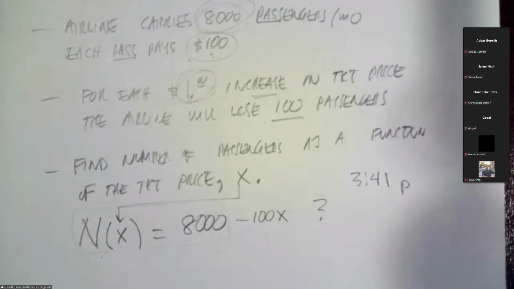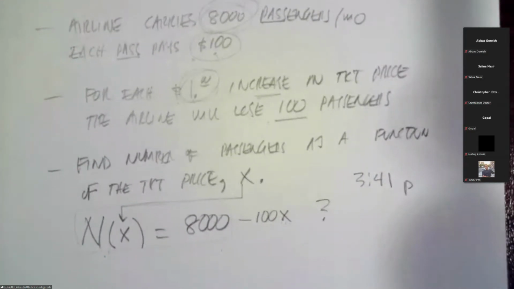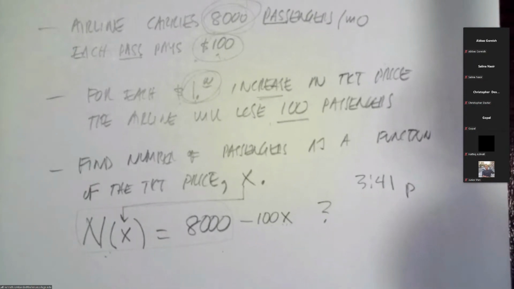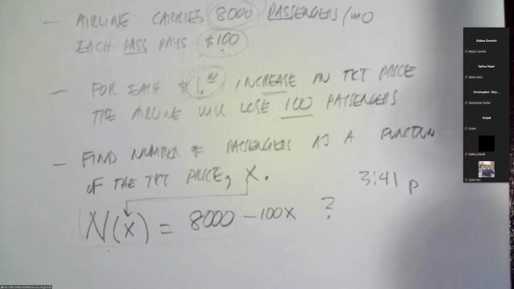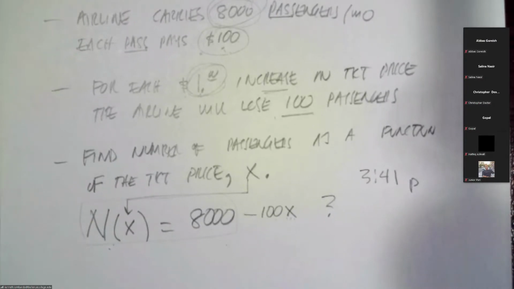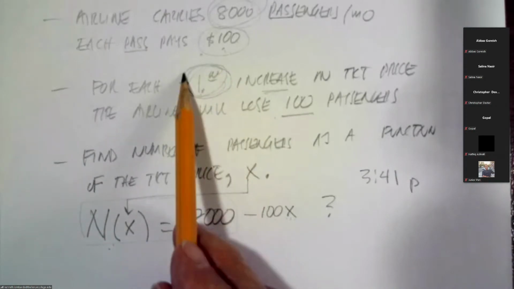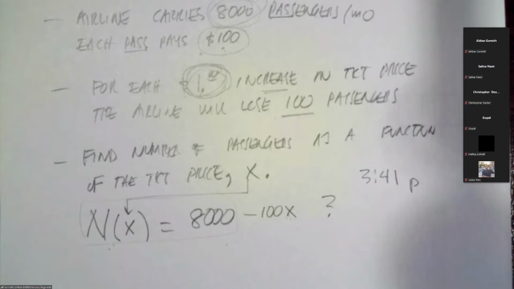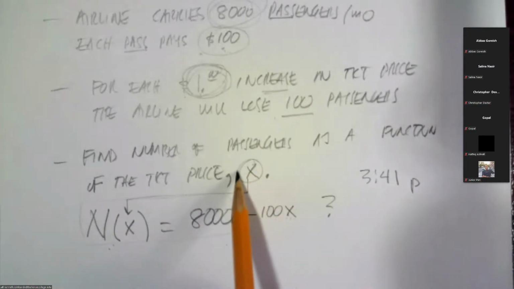Let's have some other volunteers as well, so that we get some practice doing these problems together. Somehow we're going to have to factor in this $1 for each dollar increase in the ticket price. And the ticket price is x.